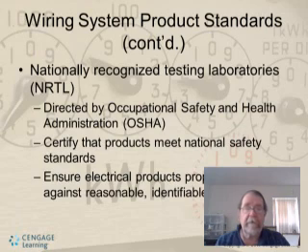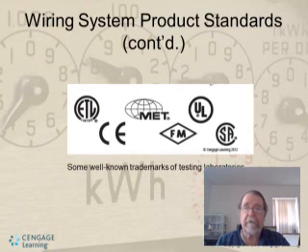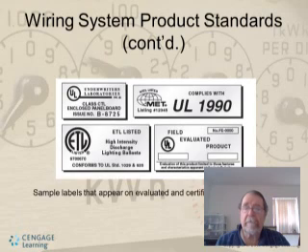Now they'll have some of these labels that you've seen in the past: ETL, MET, UL, which has been around for a long time, the CE, FM, and CSA. We'll go over these in a little bit more detail later on in this chapter.